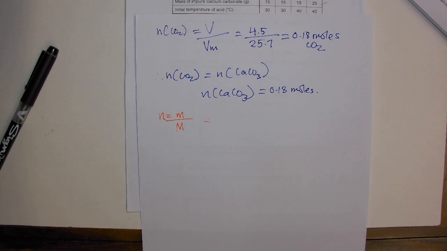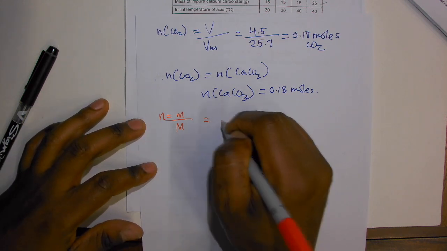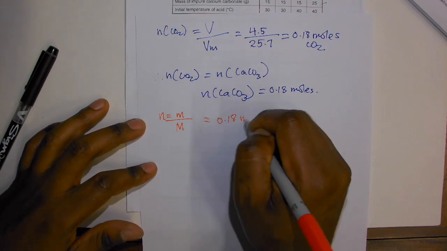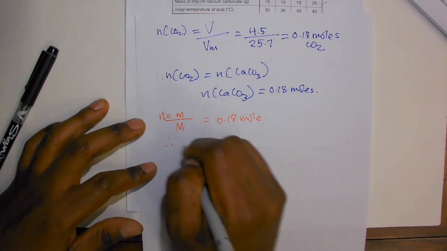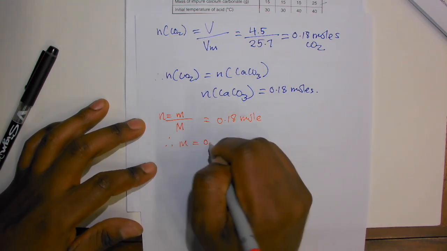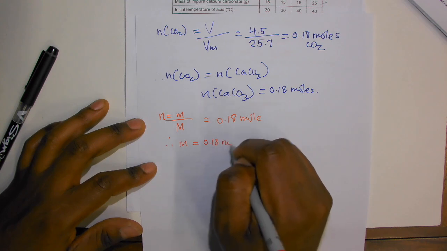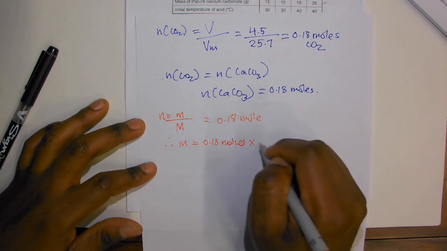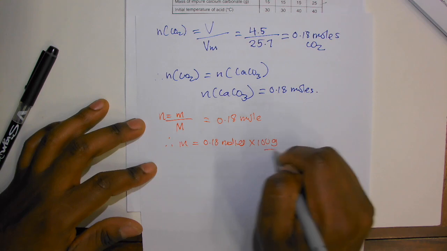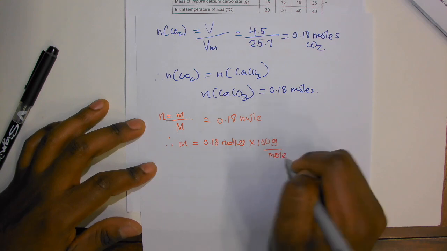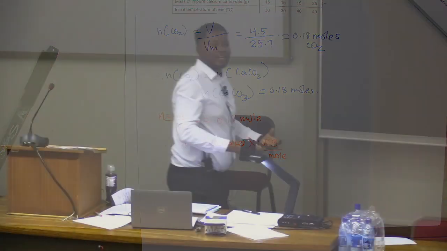We're looking for the mass. The moles are given to be 0.18 moles. Therefore, mass is given by 0.18 moles times 100 grams per what? Mole of calcium carbonate. The molar mass of calcium carbonate is 100 grams per mole.